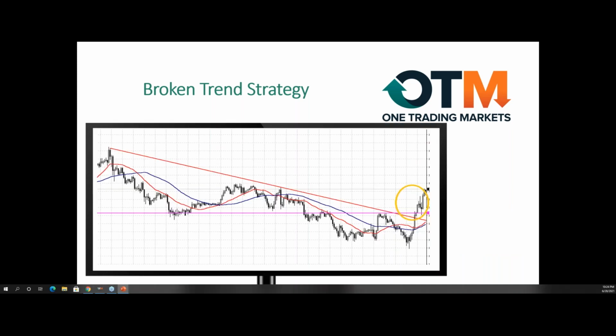So, how does the broken trend strategy work? You use the moving average, usually 24 hours, and you identify the trend and the support and resistance. When the market is changing the trend, what does changing trend mean? It means it was a downtrend and becomes an uptrend.